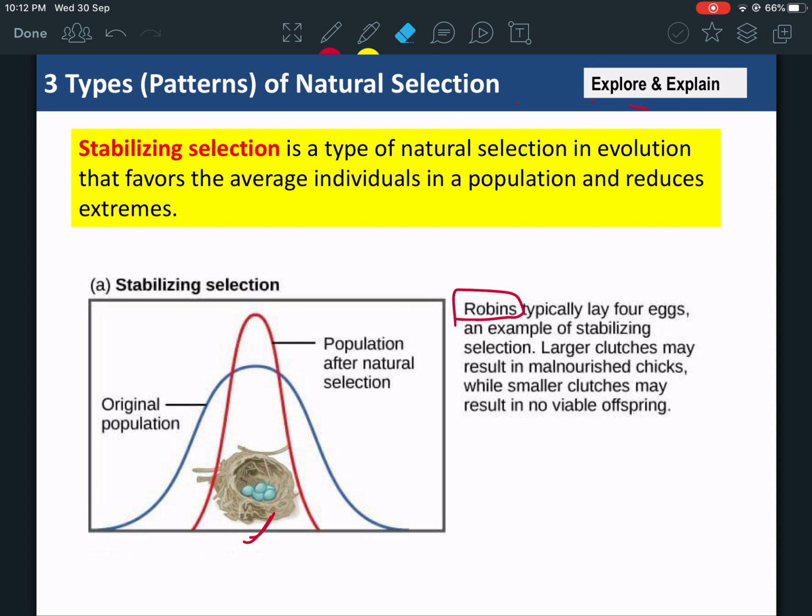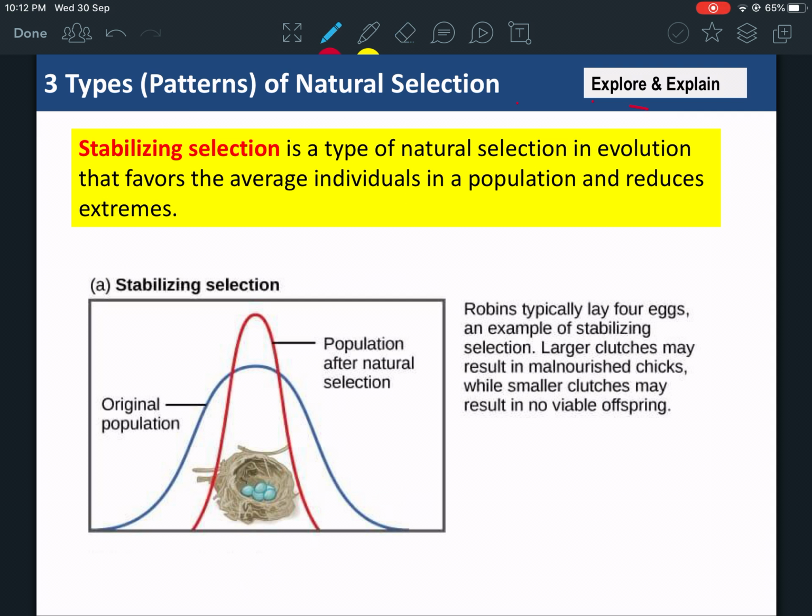The extremes, less and more, were the original population; robins used to lay less or more. With time, because of survival, the bodies of the robins adjusted, and the robins that survived only lay 4 eggs. Look what happened. The chart changed from including these and these, to most of the robins only laying 4 eggs.